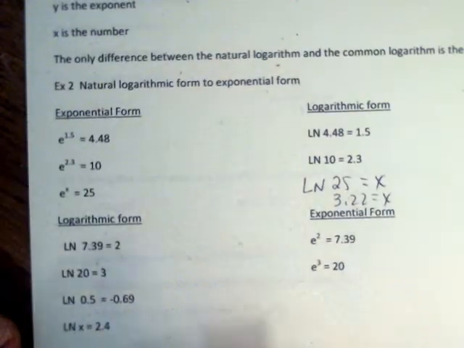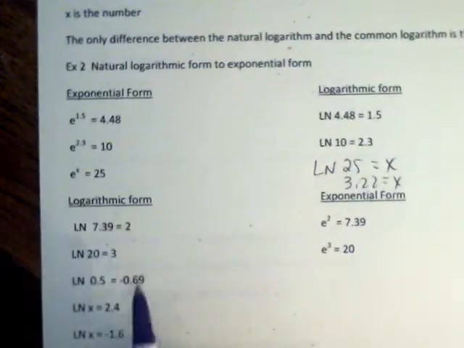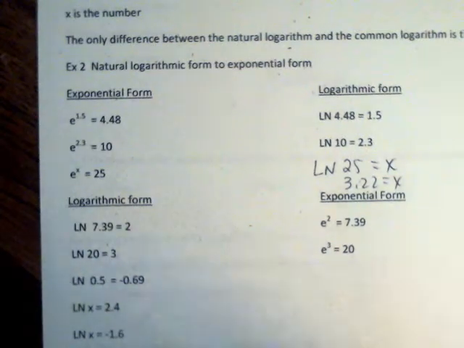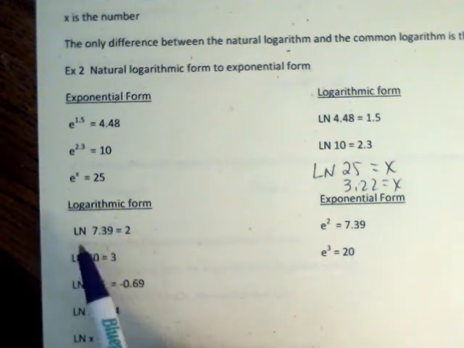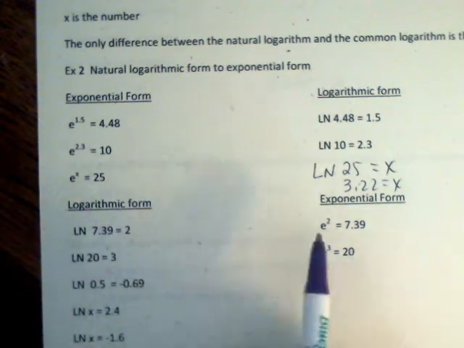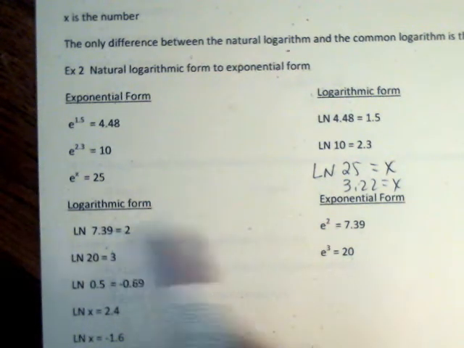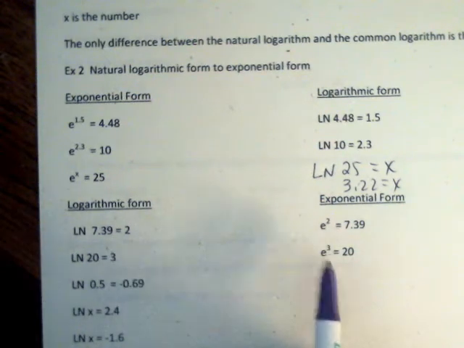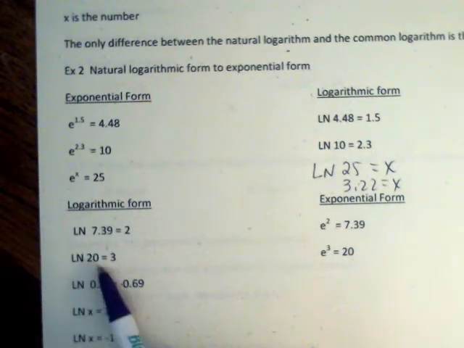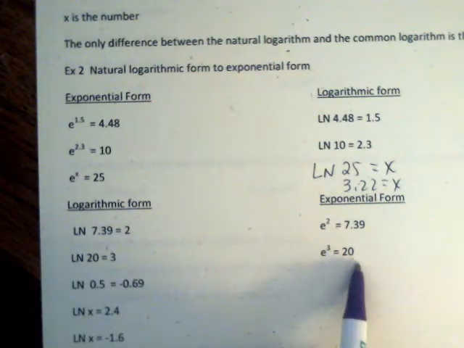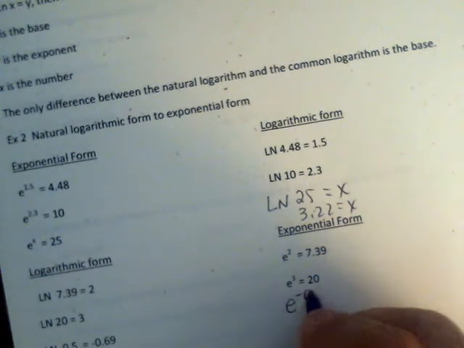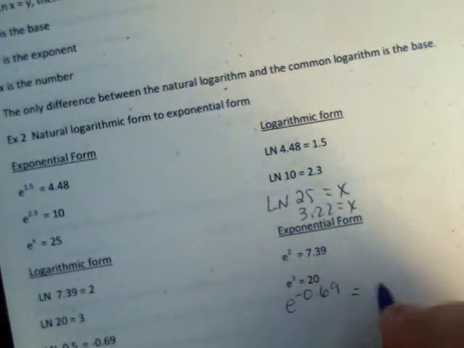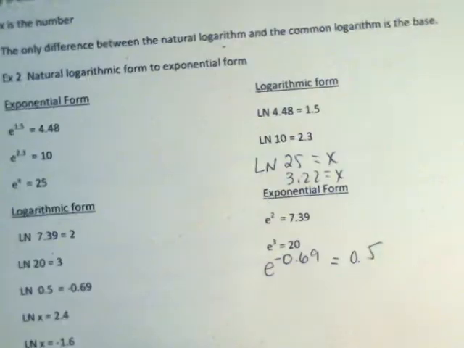We can also go the other direction, from a natural log to the exponential form. Again, number, exponent, e is my base. So I go e to my exponent of 2 equals the number. Natural log of 20 is 3, so e cubed is 20. Natural log 0.5 is negative 0.69, so e to the negative 0.69 is 0.5.